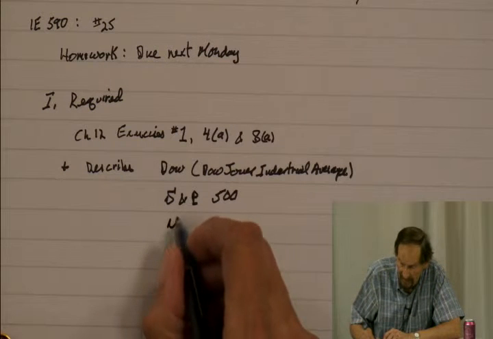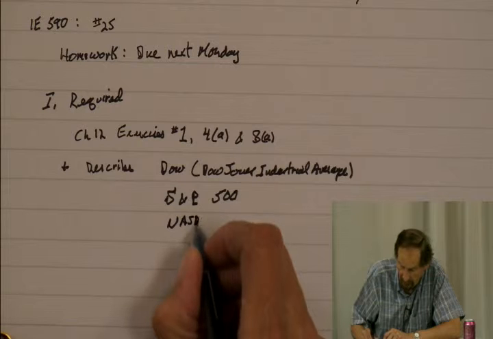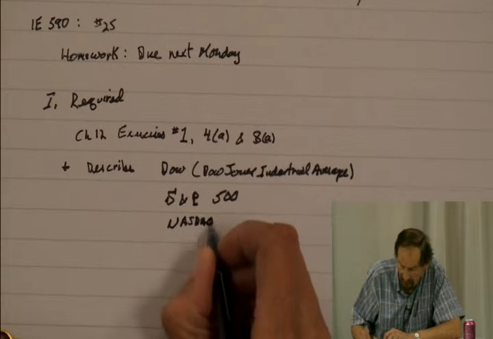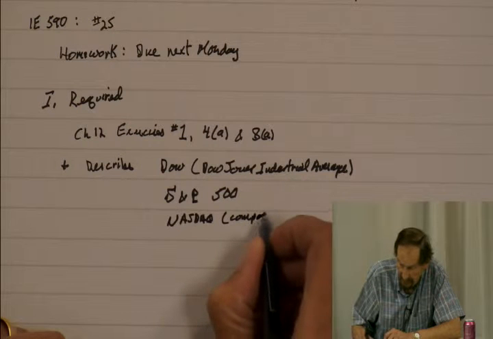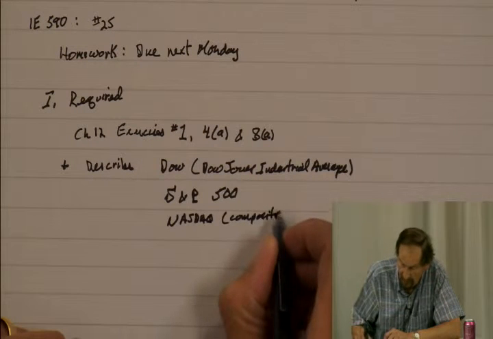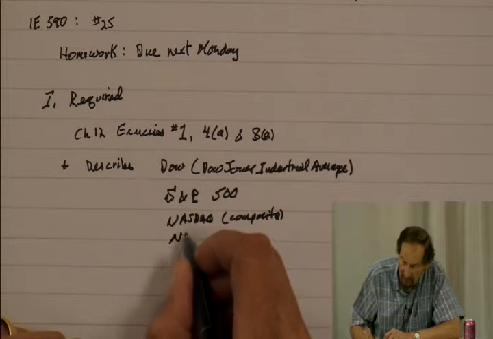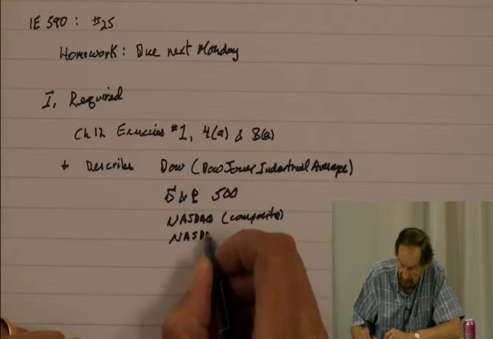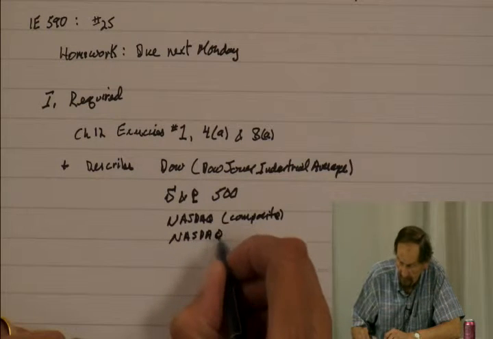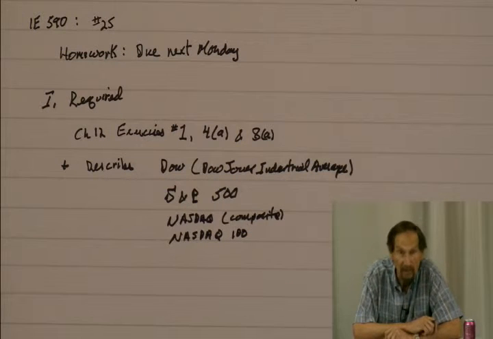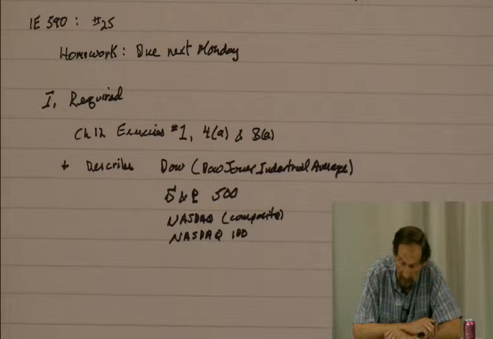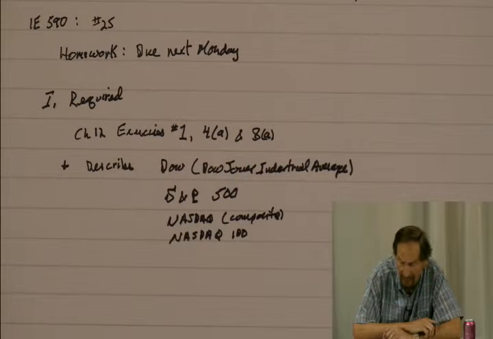The NASDAQ. And we have the NASDAQ composite, plus you have the NASDAQ 100. Now when you see on MSNBC or the New York Times or the Wall Street Journal, you usually are seeing just the NASDAQ composite, not the NASDAQ 100.